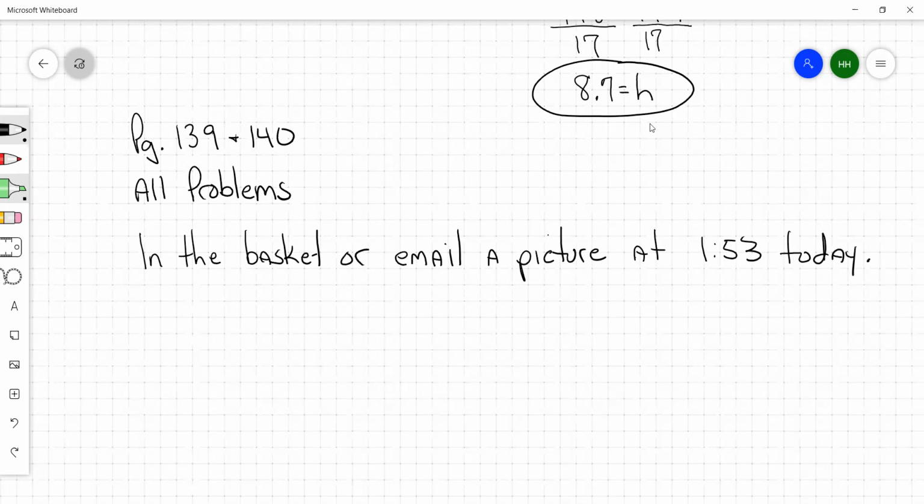I'm tired of you guys at home emailing me pictures 2 weeks after I gave the assignment. I ain't accepting it. It's due today at the end of the period. Everybody understand that? You guys that are at home, you're excused from this meeting to complete your assignment and take a picture of it and turn it in.